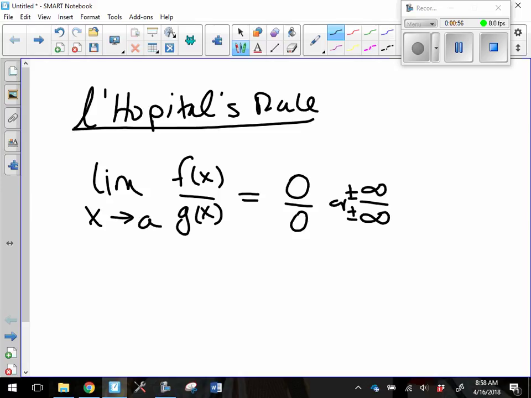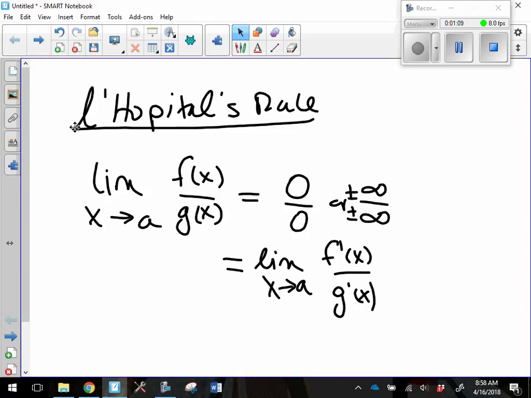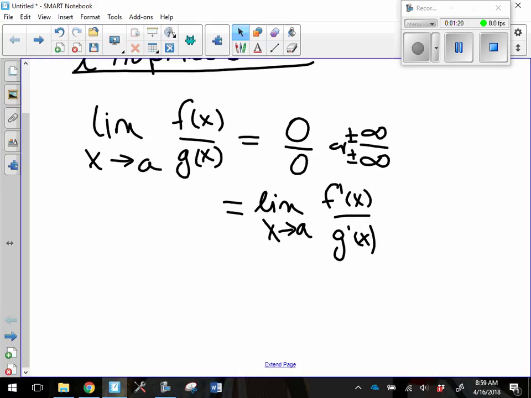And if we have that situation, then we can apply L'Hopital's rule, which means that this is equal to, again, the limit as x goes to a of the derivative of the numerator over the derivative of the denominator. And remember that we are only going to use the strong version of L'Hopital's rule. So we are only using that version where we take this as a limit again. Okay, so that if we need to apply it multiple times, we can do that.